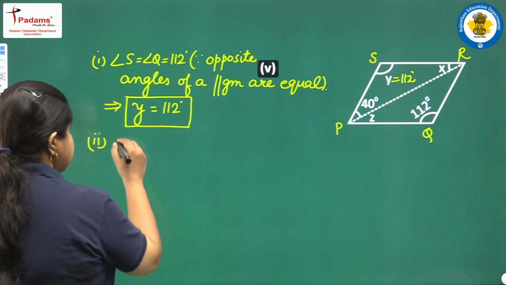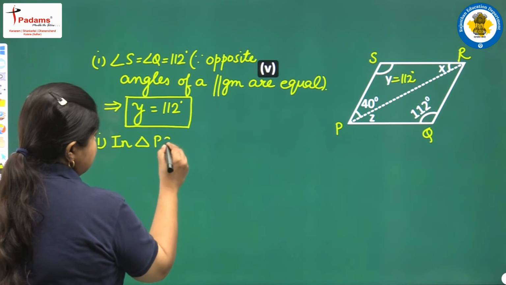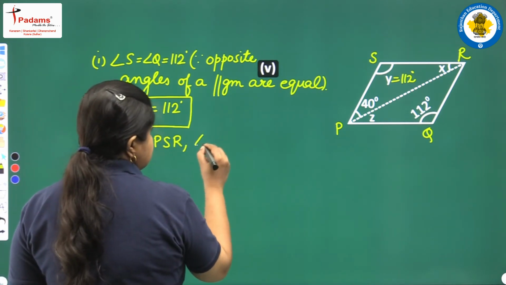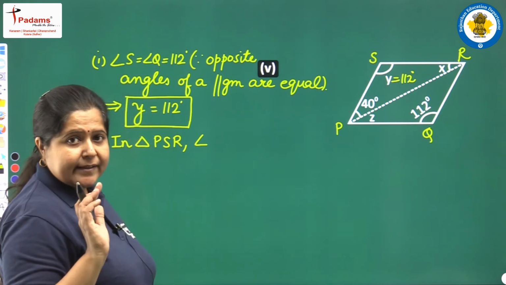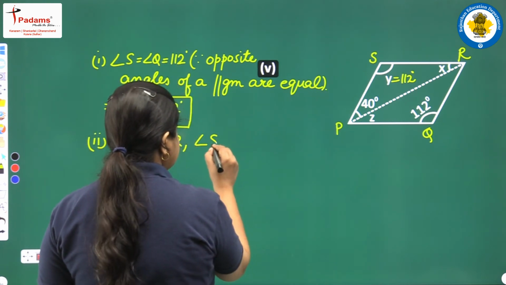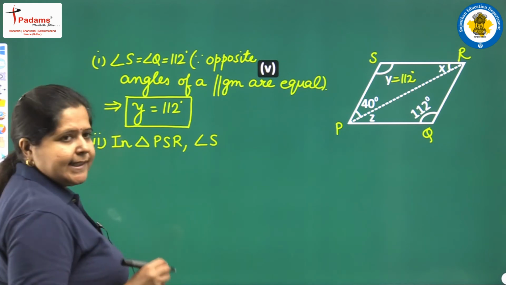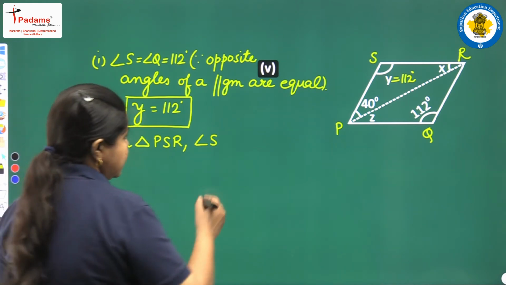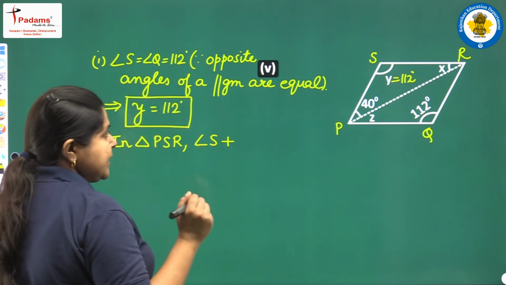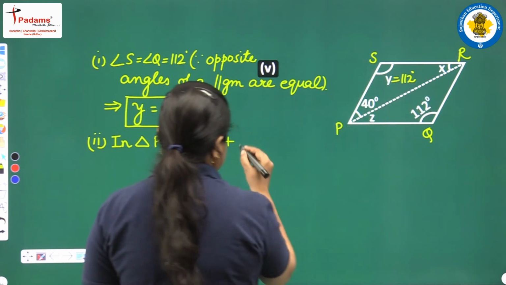So we can write in triangle PSR, let us write the names of the three angles in alphabets first. This angle S is okay because there is only one single angle being formed at S, so we can easily write it as angle S. But at P we have two different angles, so we need to write the name completely, angle SPR.